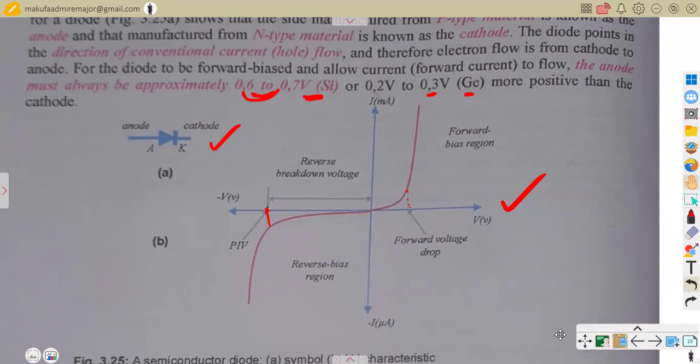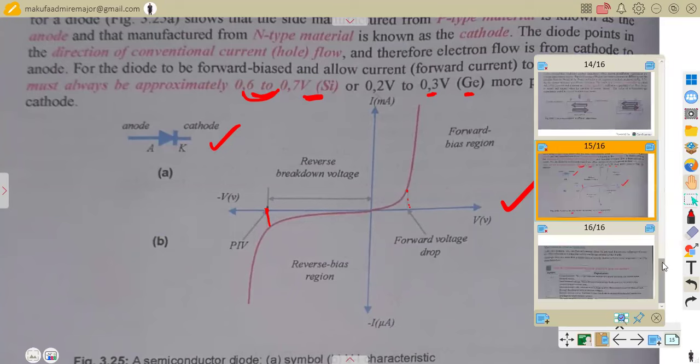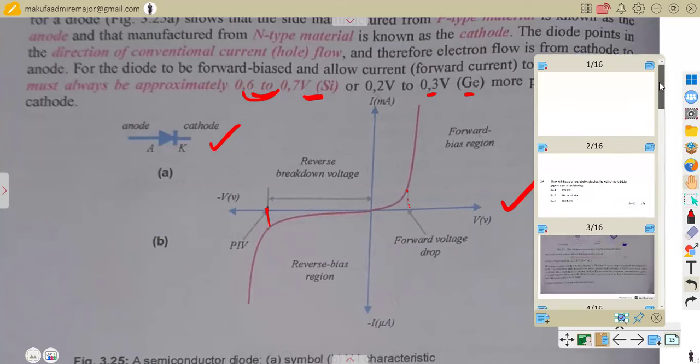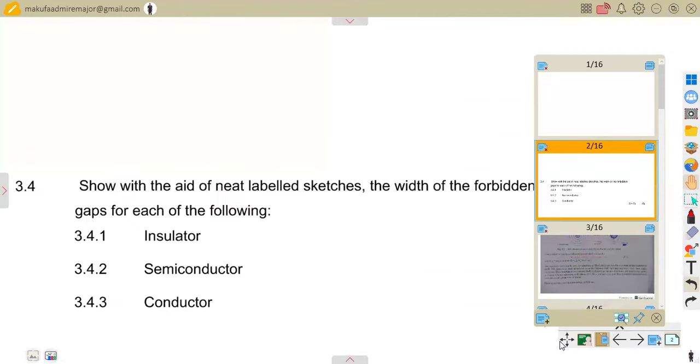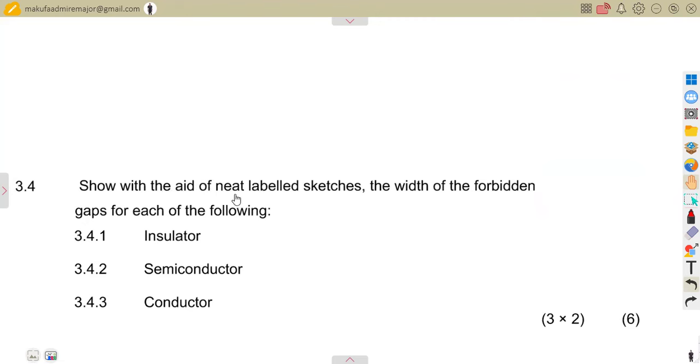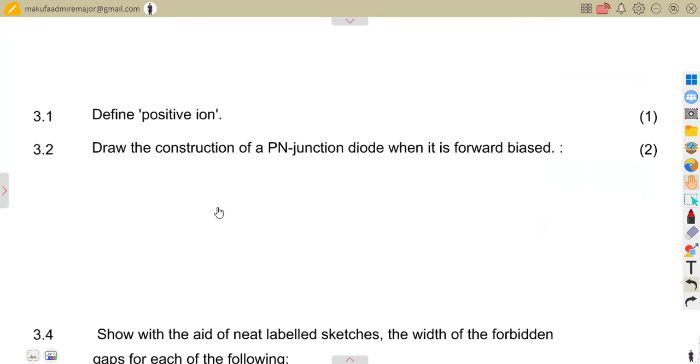As we saw from the notes that we had, these are the typical questions: show with the aid of neat labeled sketches the width of the forbidden gaps of each of the following: insulator, semiconductor, and conductor. I showed you this. Draw the construction of a PN junction diode when it is forward biased.